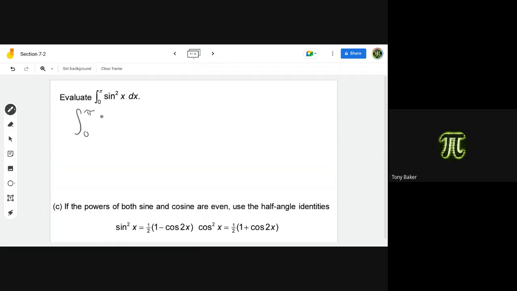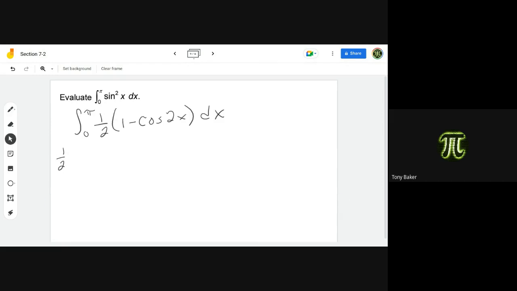That sine squared x is going to become 1/2 times 1 minus cosine 2x dx. The 1/2 can go out in front. So then I have 1 minus cosine 2x dx.